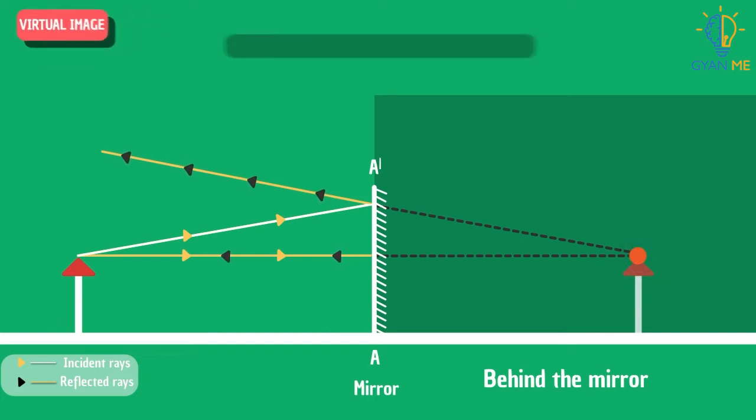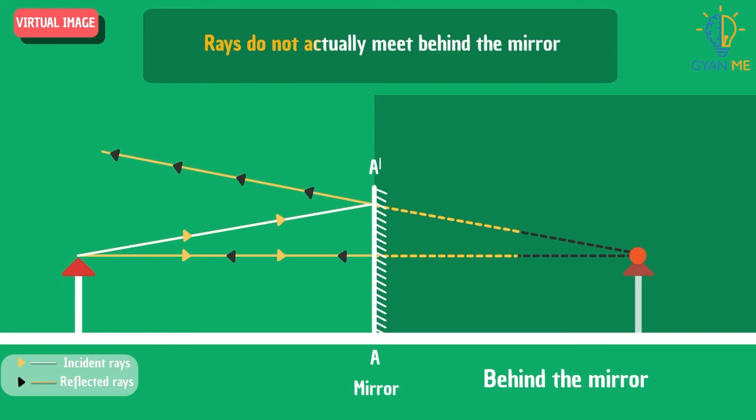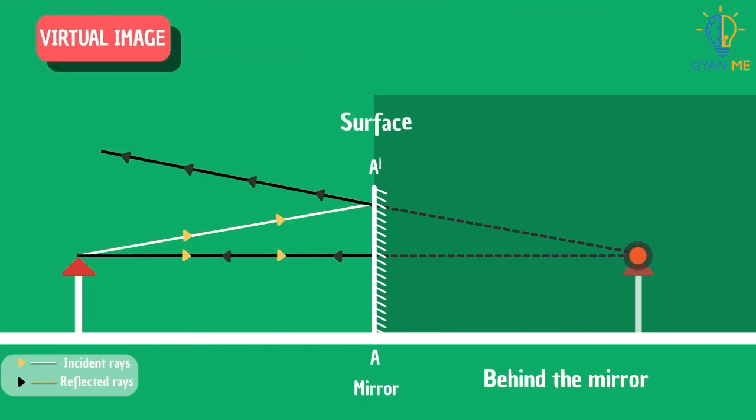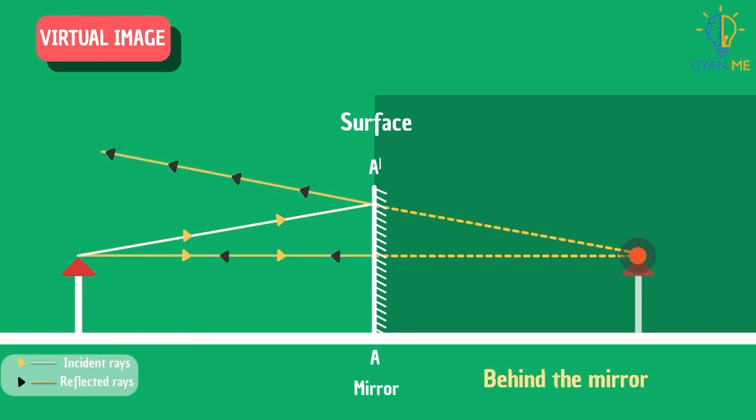Please note, students, that no rays are actually reaching behind the mirror, as mirror reflects almost all the rays back from the surface. Thus rays appear to meet behind the mirror and hence image is virtual and we feel it is behind the mirror.